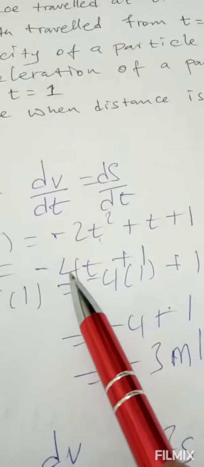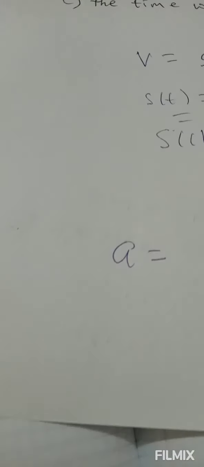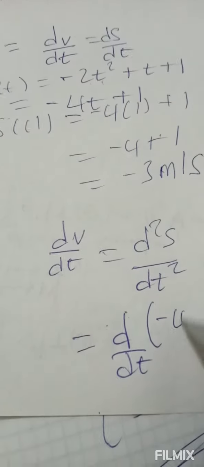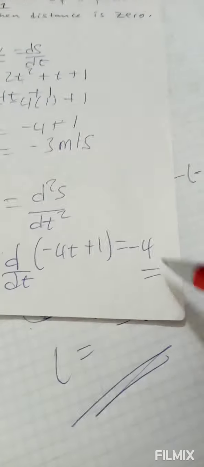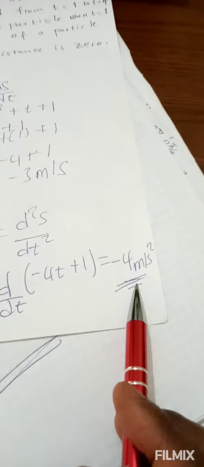So what we need to do is take the derivative of the velocity to find the acceleration. Here we know that the velocity is minus 4t plus 1. So d over dt of minus 4t plus 1 will be minus 4. So the acceleration is minus 4 meters per second squared.